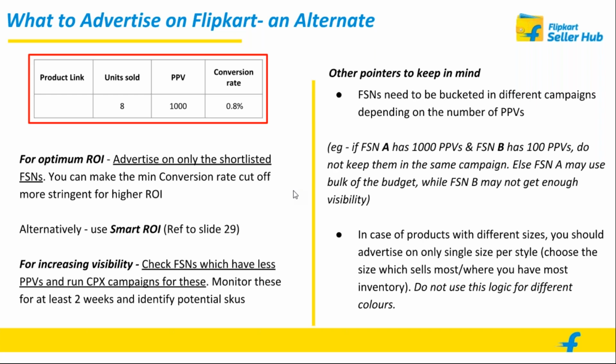So for optimum usage, what we suggest is that you go with one size. However, be careful about the size that you choose, right? That is important. Choose the size that sells most, and possibly where you also have the highest amount of inventory. Remember, if the inventory is over, and this is very critical given the festive season, I'm sure in other webinars and communications you would have heard how important inventory is.